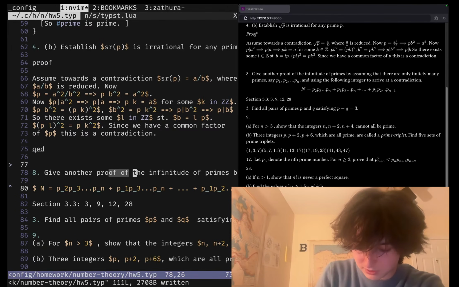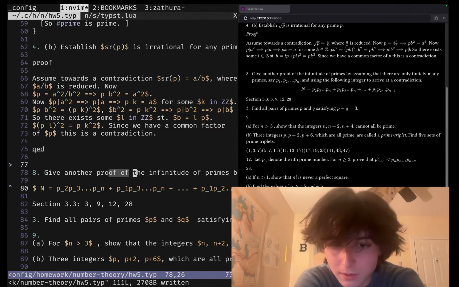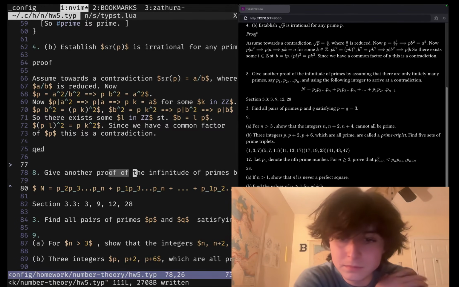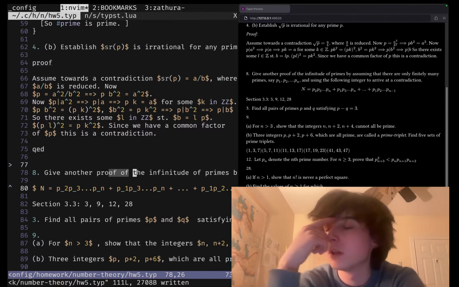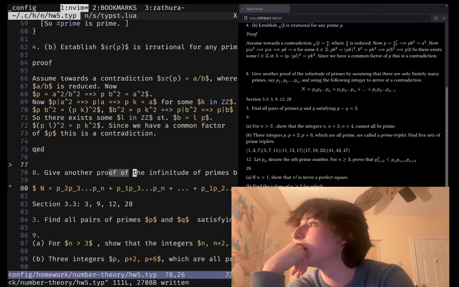Alright, I need to create a new alarm. Add alarm. 5:30. 5:40. Okay, it's set. Alright, there's that. 12 and 28.